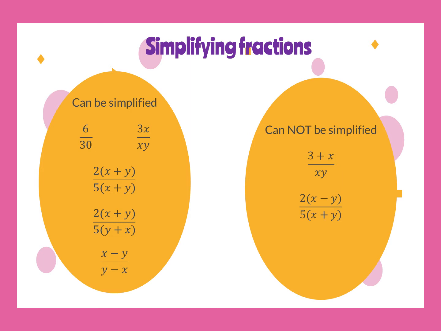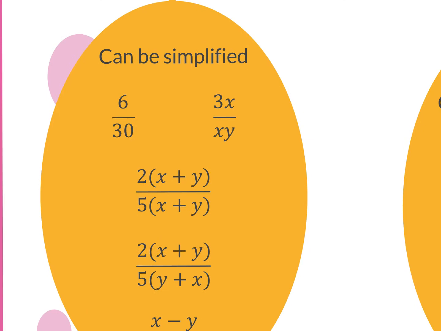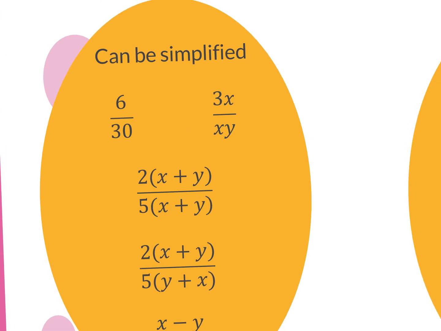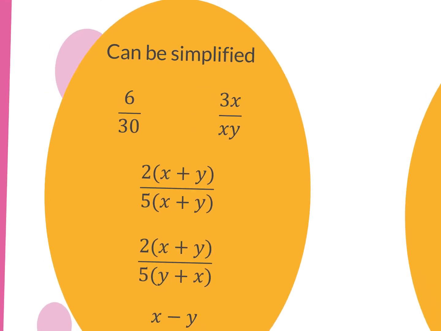So the first one, 6/30, looks like a 4th grade math problem, and all we're doing is simplifying that fraction. I can divide both the numerator and the denominator of 6/30 by 6, and this fraction will simplify to 1/5.